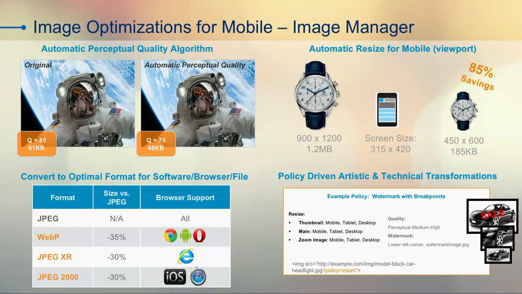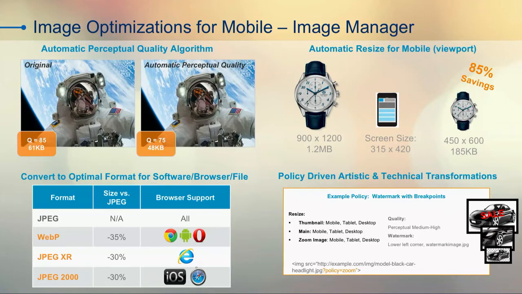But essentially, the idea is that specifically on mobile devices, where the screen sizes are so small, you can leverage this to compress the images even further because it's very hard to tell the difference on a smaller mobile device. So that's one of the key features that Image Manager offers today.